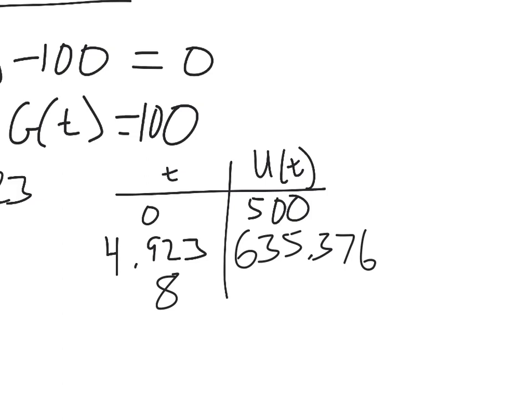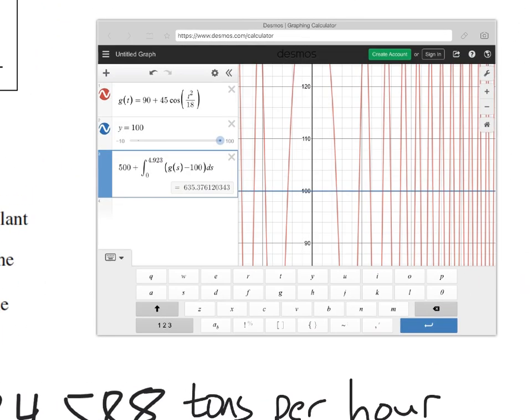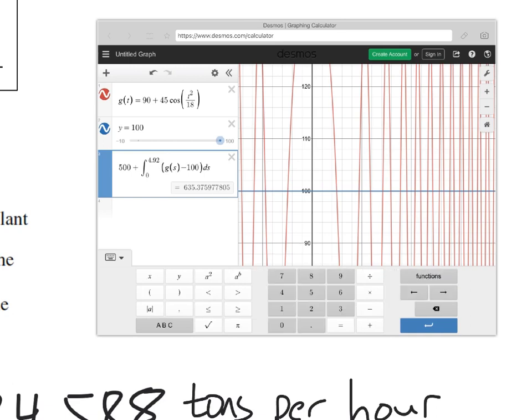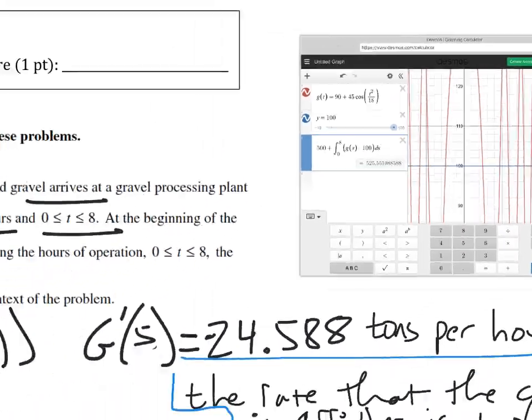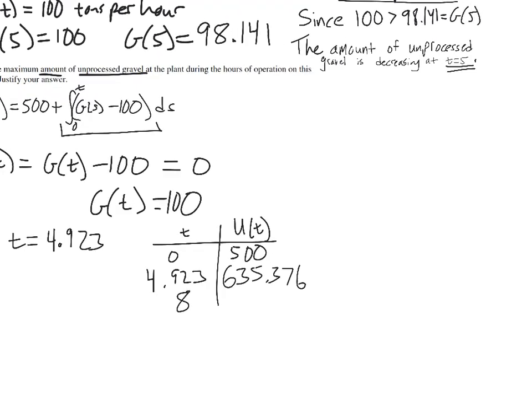And then last thing we need is at 8 seconds what's left. So let's just go change this to 8 seconds. Let's get rid of this 4.923. At 8 seconds we have 525.551. All right.